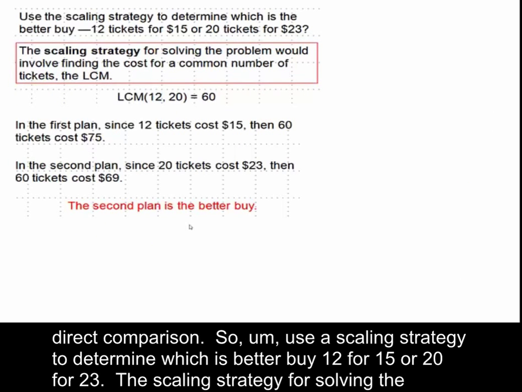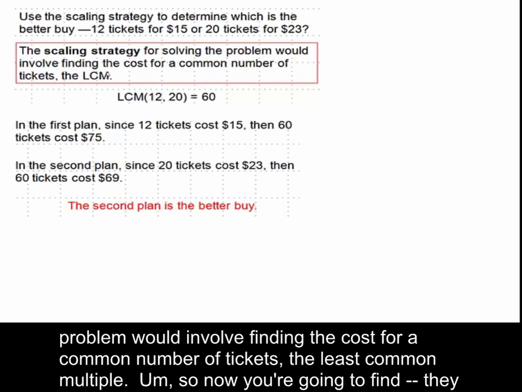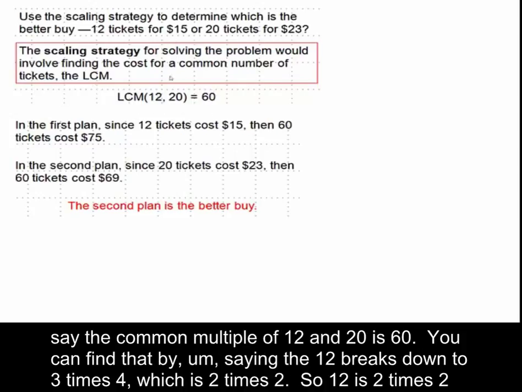So use the scaling strategy to determine which is the better buy, 12 for 15 or 20 for 23. The scaling strategy for solving the problem would involve finding the cost for a common number of tickets, the least common multiple. So now they say the common multiple of 12 and 20 is 60.